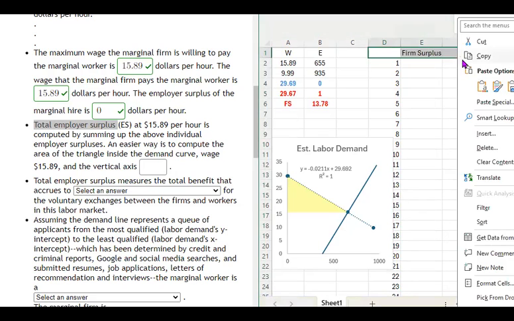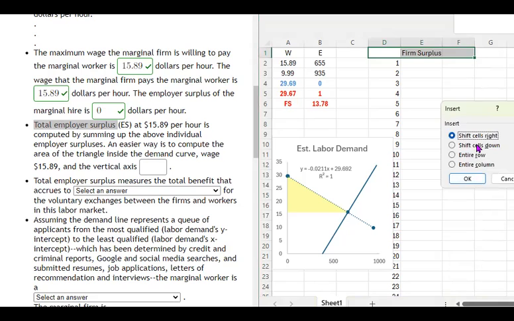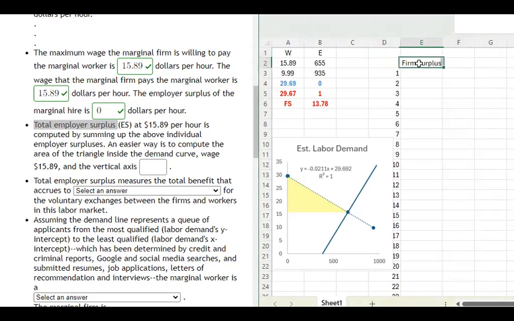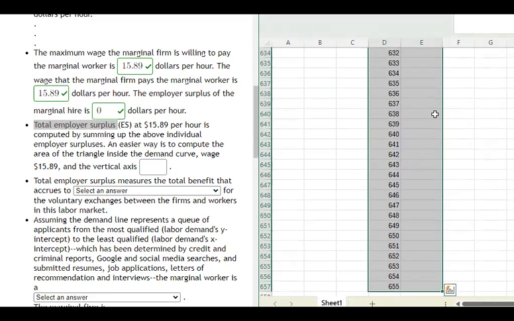And then I'm going to insert. I'm going to do equals. I'm going to calculate the firm surplus here, and I'm going to highlight everything below.